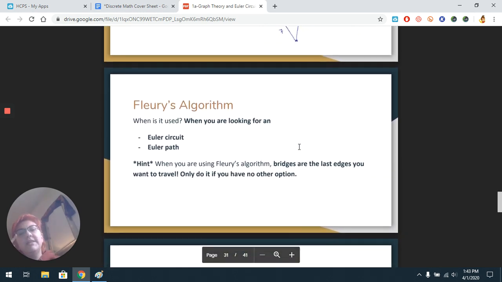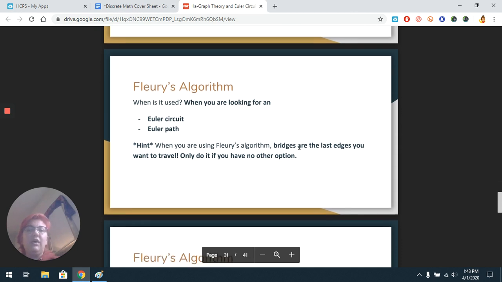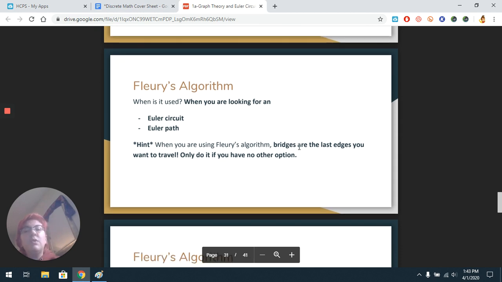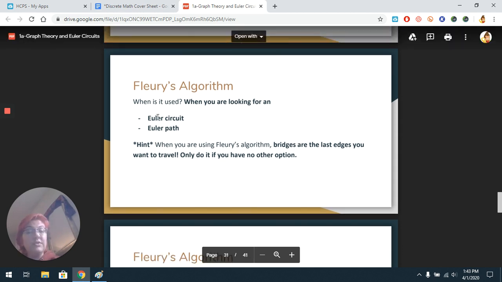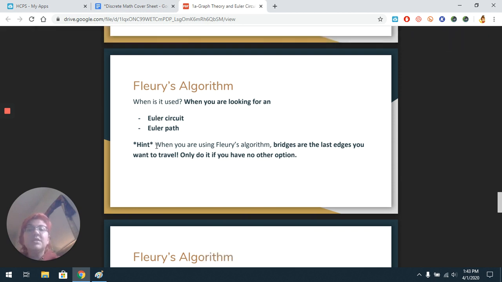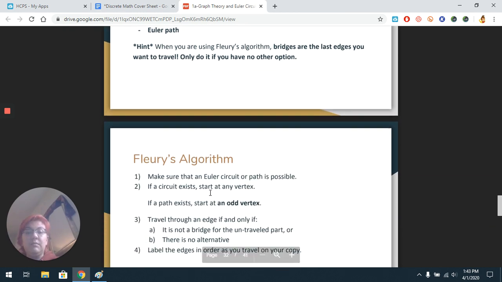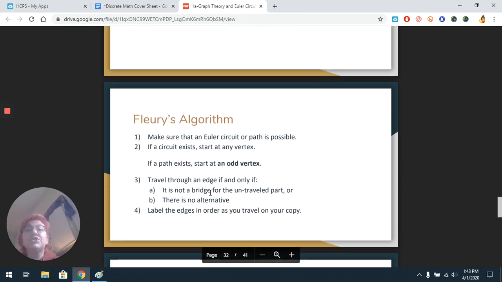So to make this a little easier, we have something called Fleury's algorithm, which is what we use when we're looking for an Euler circuit or an Euler path. So when you're using Fleury's algorithm, bridges are the last edges you want to travel. Only do it if you literally have no other option. So number 1, you make sure that either a circuit or path is possible by checking the degrees of the vertices.